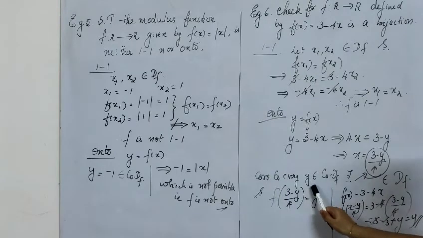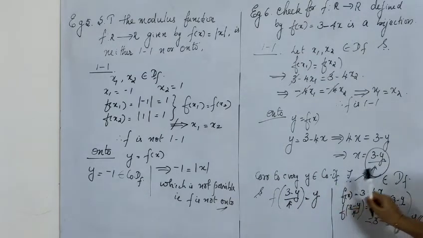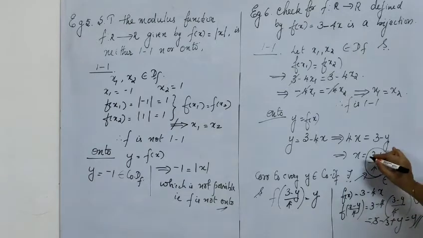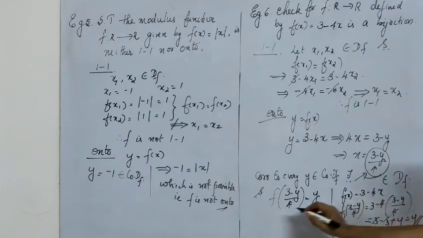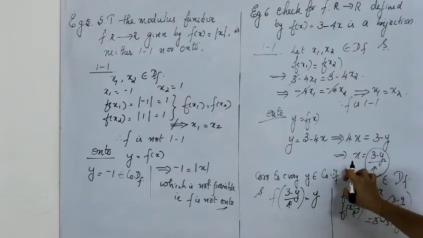So what can I say? Corresponding to every y that belongs to the codomain of the function, there exists such an expression that belongs to the domain of the function, such that f of this expression gives you y.